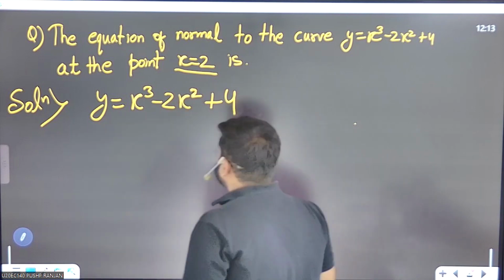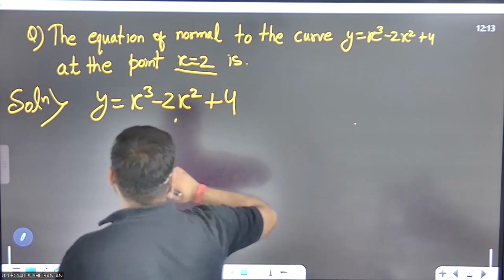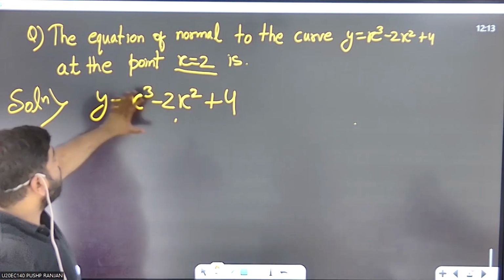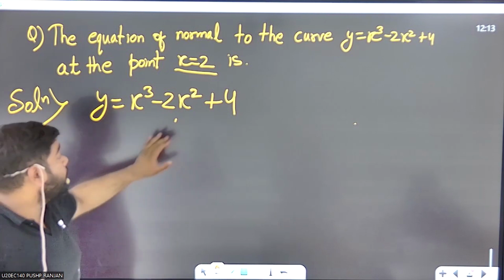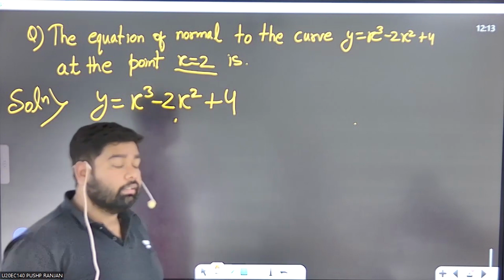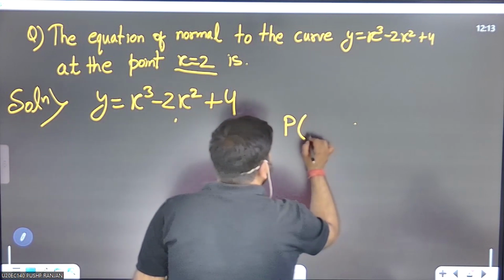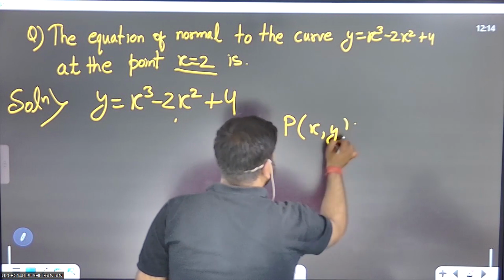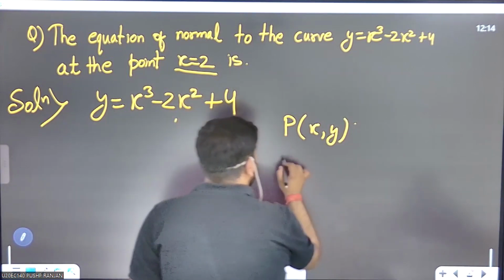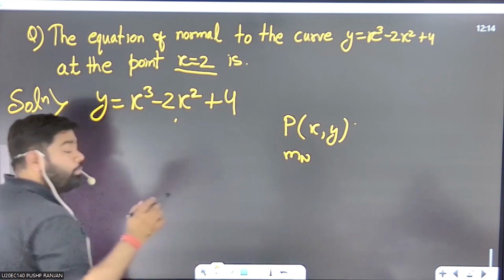Means if we put x equals 2 in the equation of the curve, then we get the y coordinate. Basically, we have to find x comma y, the point of contact, and the slope of normal. So first find the point of contact.